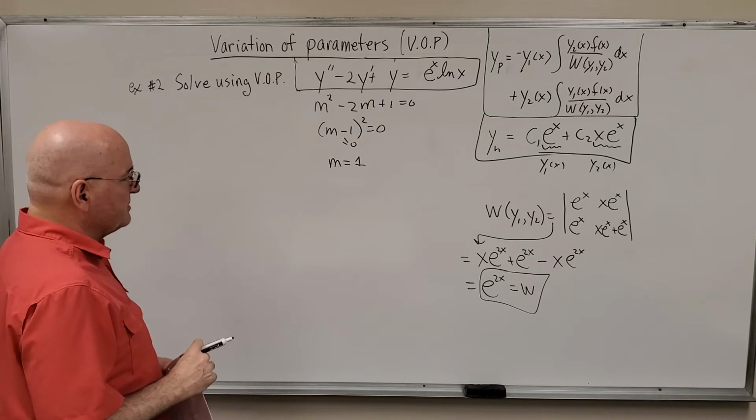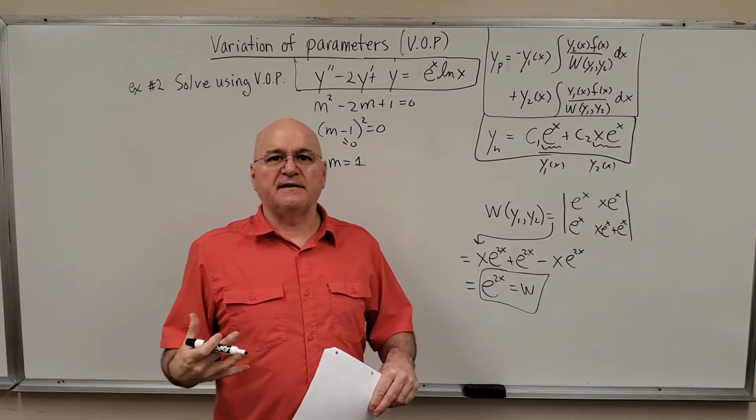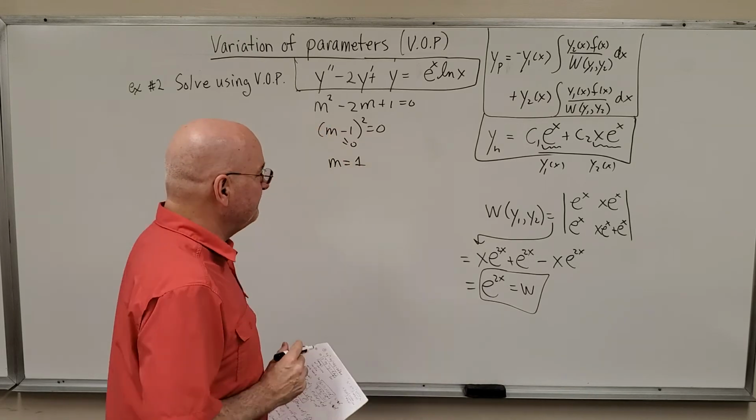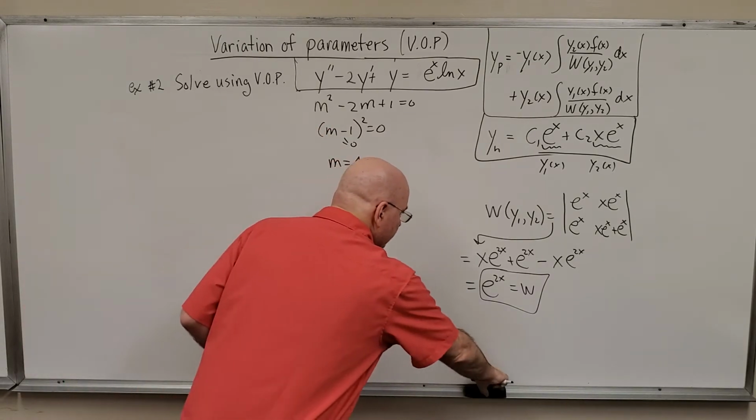Similar to the last example, I'm going to get you started in the calculus, but I'm going to leave the rest as a problem for the student. I'm not going to go through all the calculus 1 required.